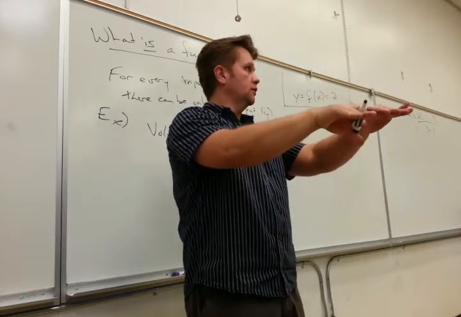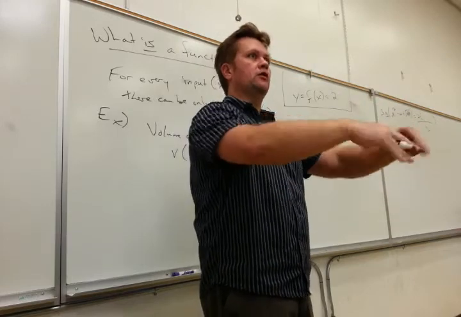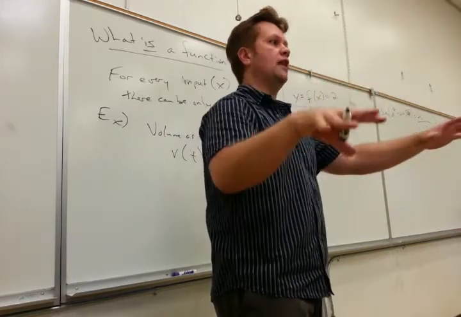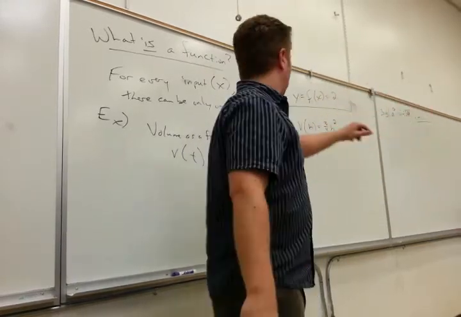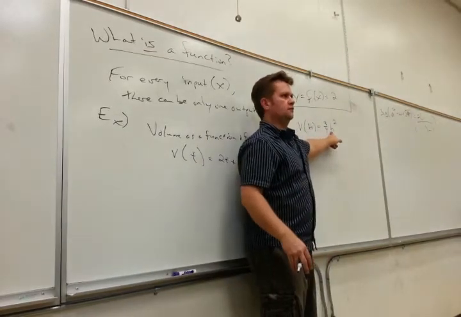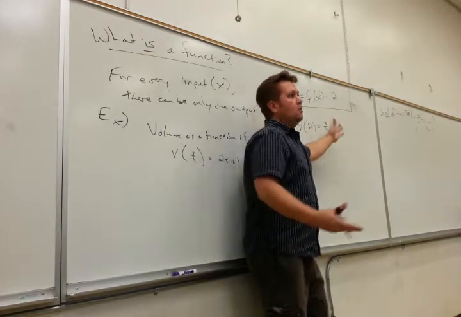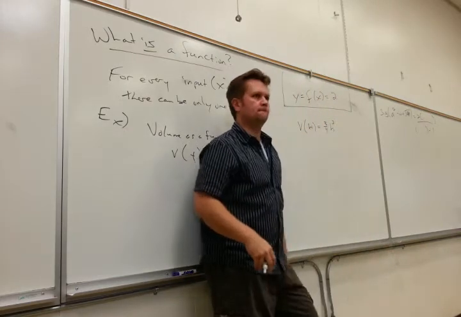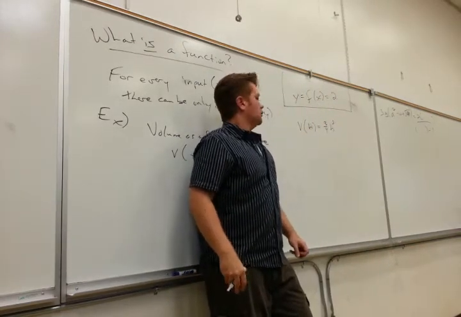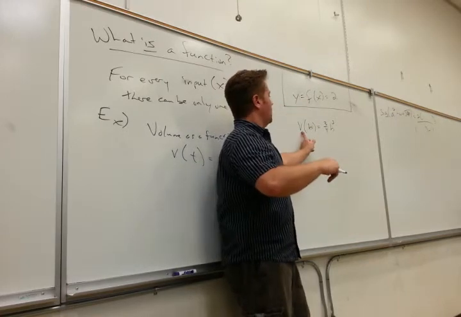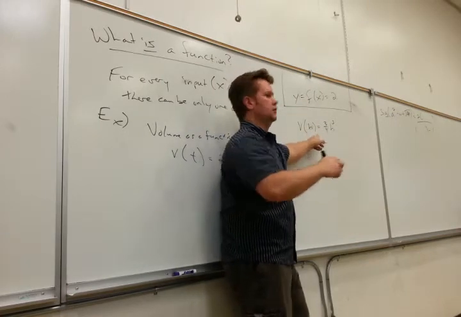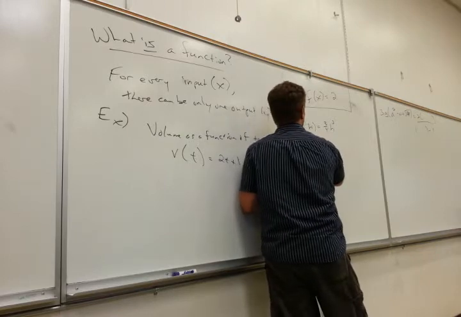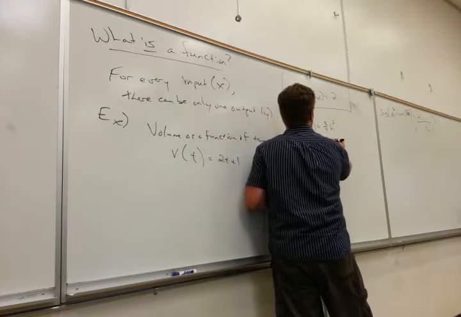You with me? As more and more rain falls, the height's going to go up, and the volume is obviously going to change with that. Not directly. This could be one way that volume changes. You semi with me? More than likely, it'll be a cube there. So before anybody yells at me, I'll do that. So you would say that this is volume as a function of height. So just to put it a little more directly, I'd say V equals 3/4 h cubed.